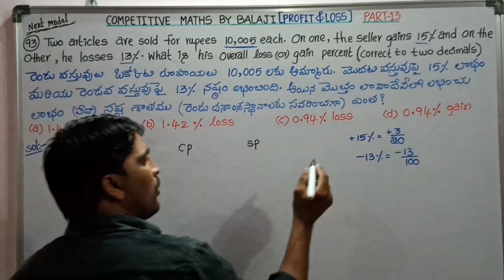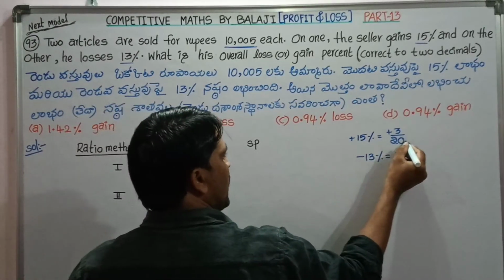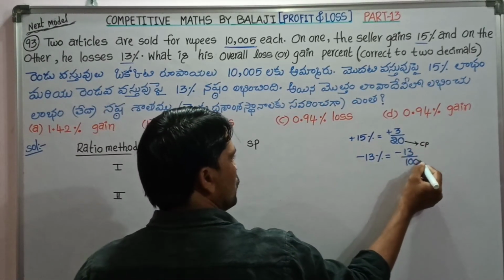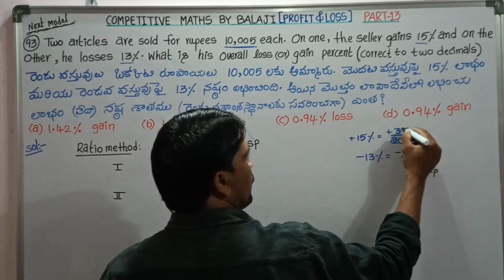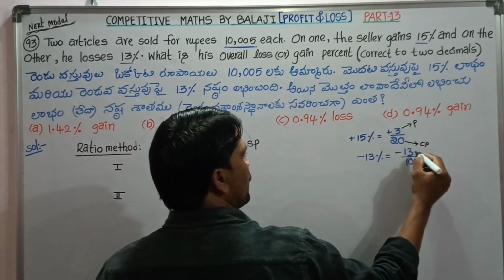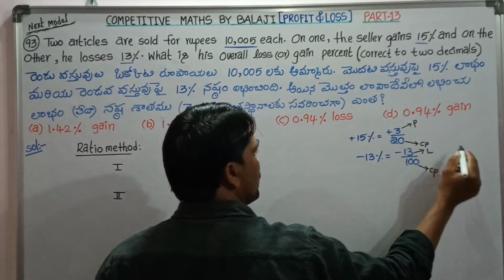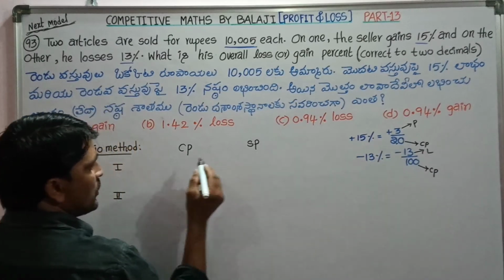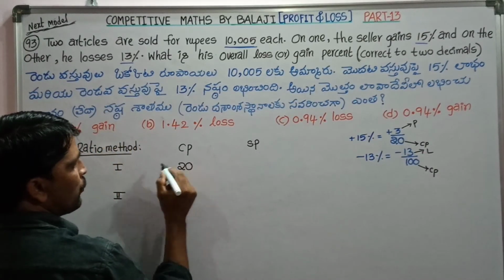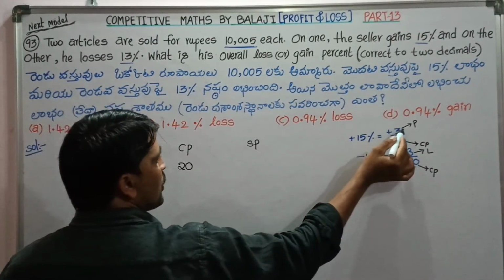And we know that profit or loss is always calculated on CP. So bases are CP of 2 articles. And we have 3 units profit and here we have 13 units loss. Cost price of first article is 20 units. Out of 20 units, 3 units are profit.